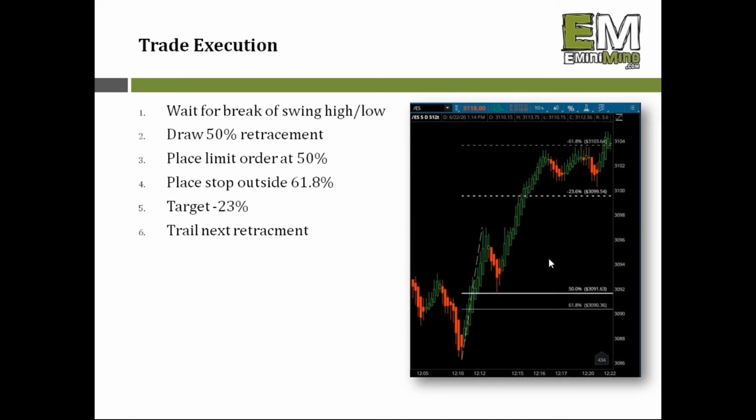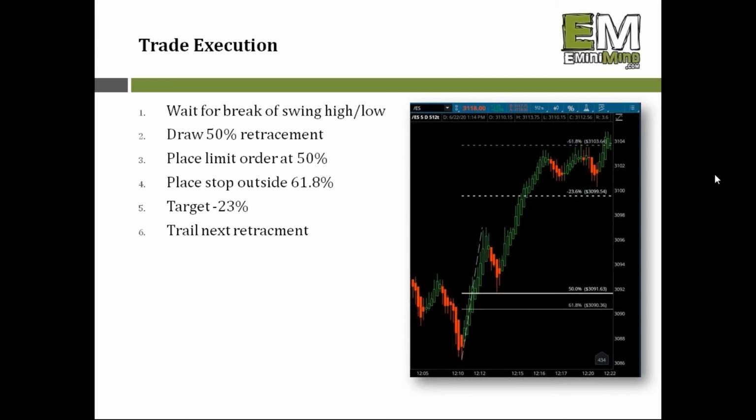So when the market is moving beyond the -23 and goes up to this -61.8, that's a situation where, instead of drawing the traditional low to high for the pullback, we want to look at drawing from a high to a high for that pullback. And a lot of times I'll use that extension or that high to high drawing as a way to mostly trail my stop versus placing a new trade.